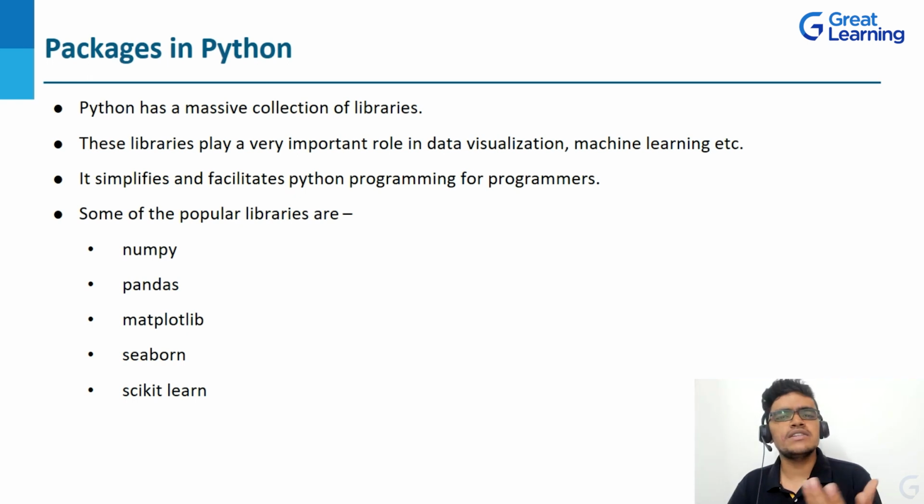NumPy is used for scientific and numeric analysis. Coming to Pandas, as I already told you, it is the library used for data analysis. Next, we have Matplotlib and Seaborn. These are the libraries which are mainly used in data visualization. Next, we have scikit-learn. This is a very useful library that is used in machine learning. So this is the basic idea about the packages in Python.